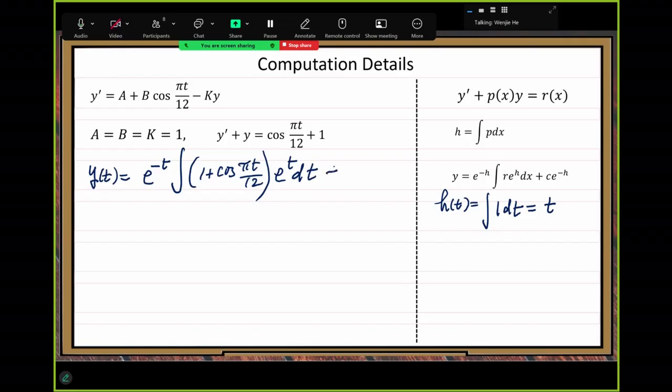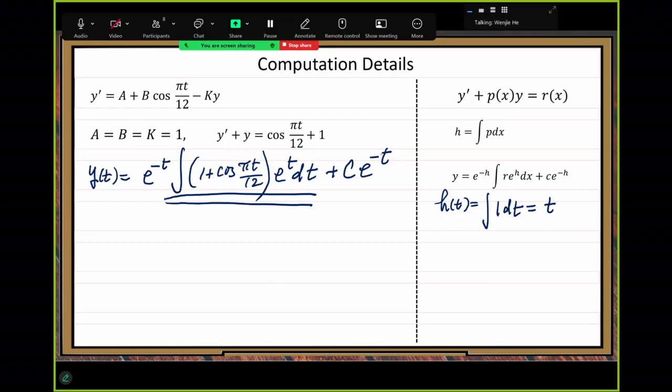Then plus some constant c, e to the negative t. So in order to find the y function, you need to calculate that integral. If you can calculate that integral, then you are done.